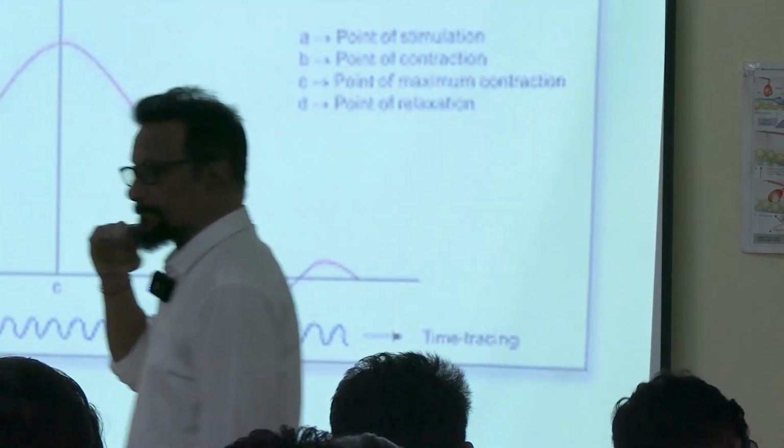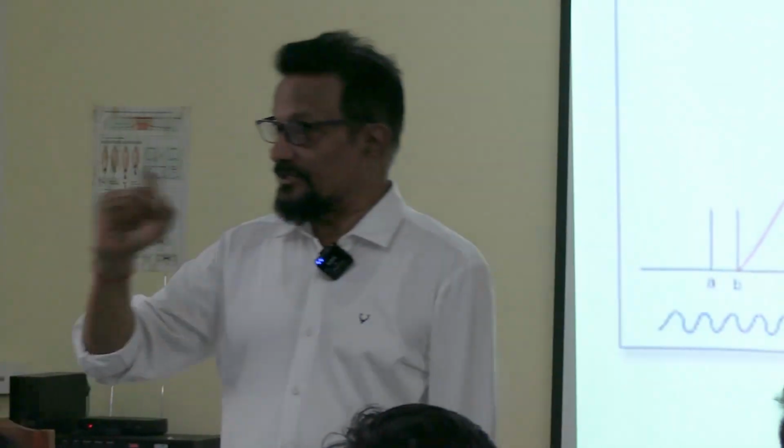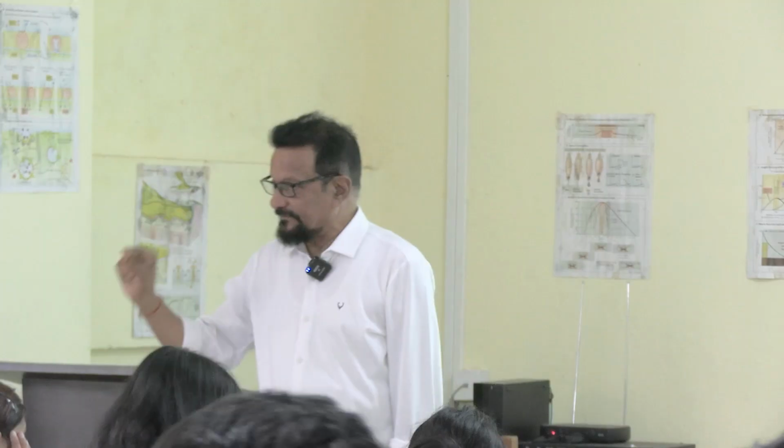After that, our next experiment is the effect of temperature on skeletal muscle contraction, on a simple muscle twitch. For the effect of temperature, first I will take a normal contraction like this.